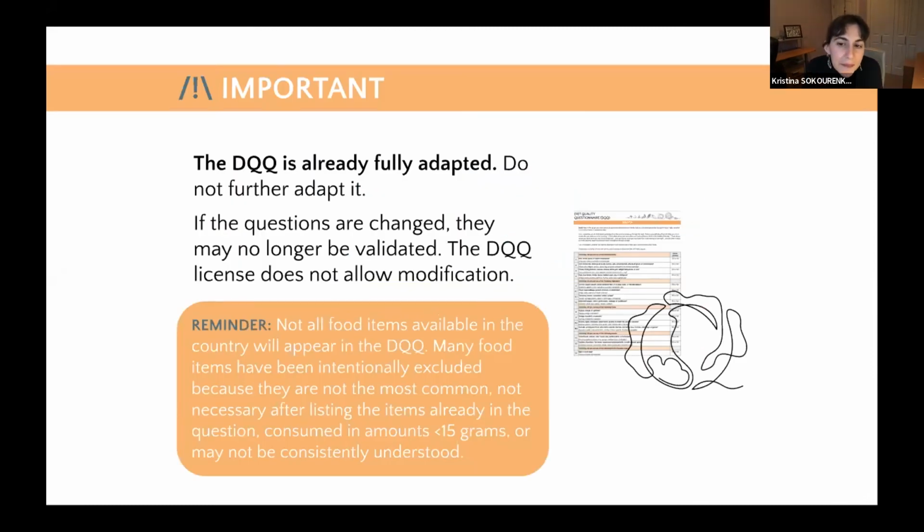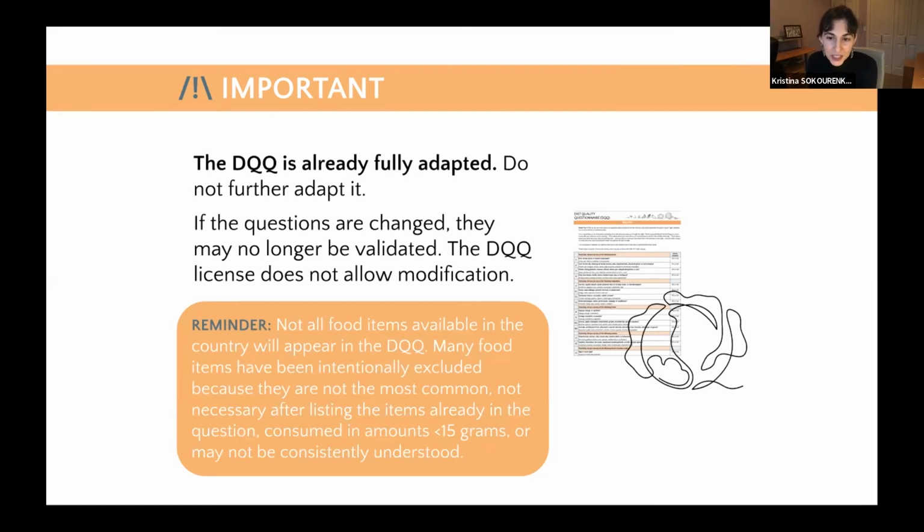The DQQ was adapted in the 100+ countries we showed by a very labor-intensive process of key informant interviews. You have the majority of our adaptation team here with Chris Bagliano and Cecilia Gonzalez and myself. We gathered country input from experts all over the globe for this. And it's not meant to be further adapted or changed.